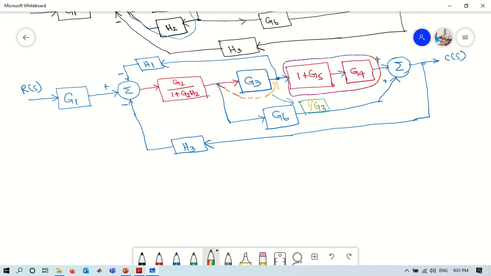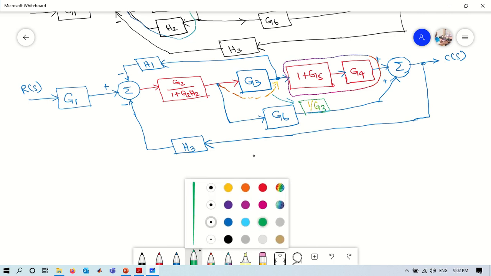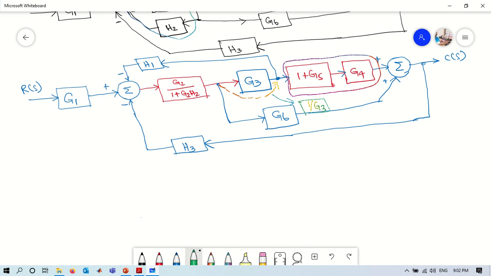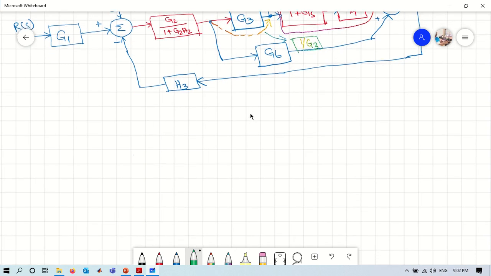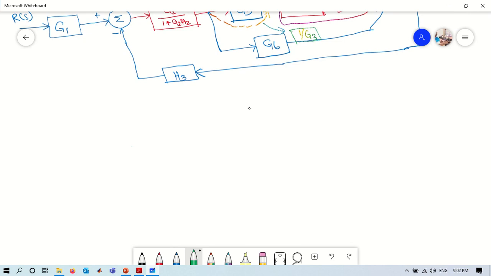In my next step, I'm going to move this and combine these two cascade blocks.